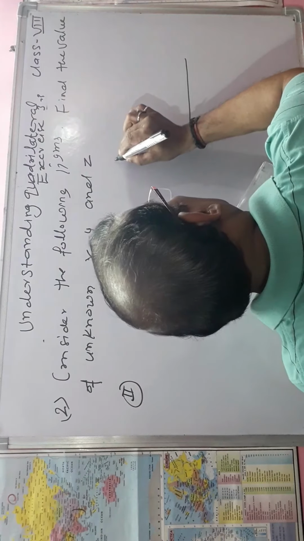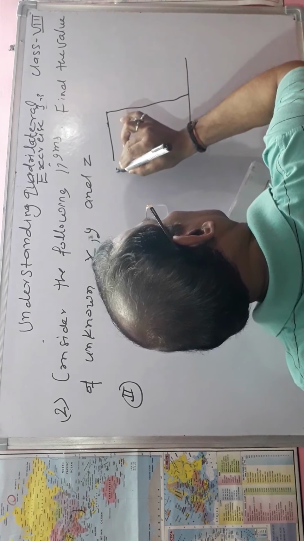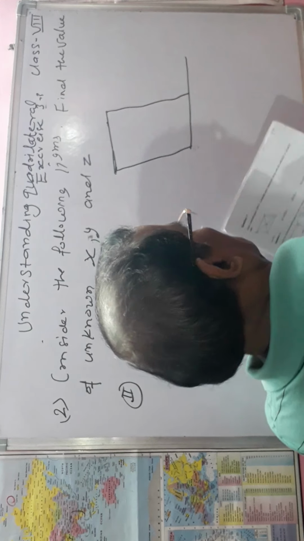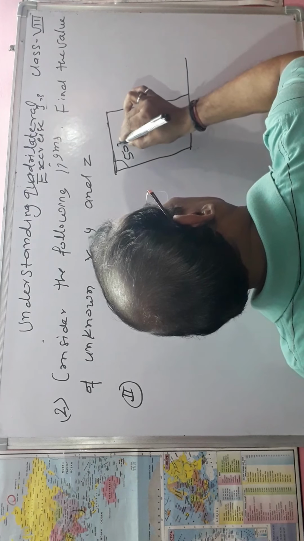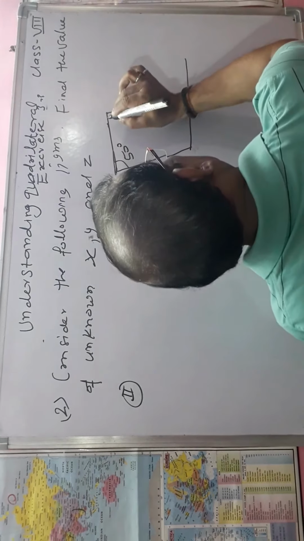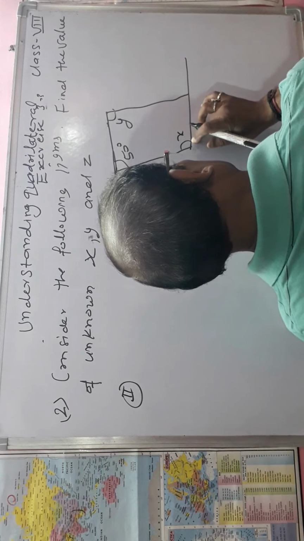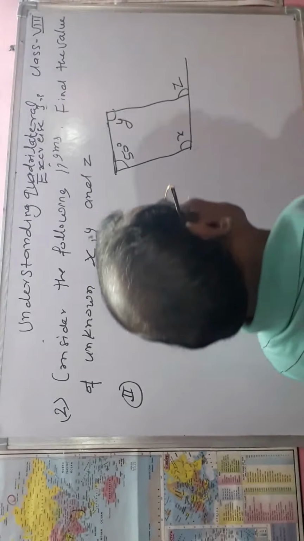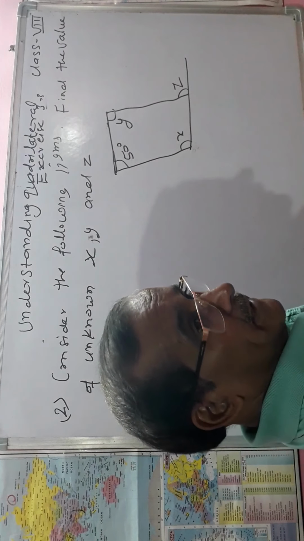The figure is this: a parallelogram is given. This angle is 50 degrees, this angle is y, this is x and this is z. Now we will find the value of x, y, z.